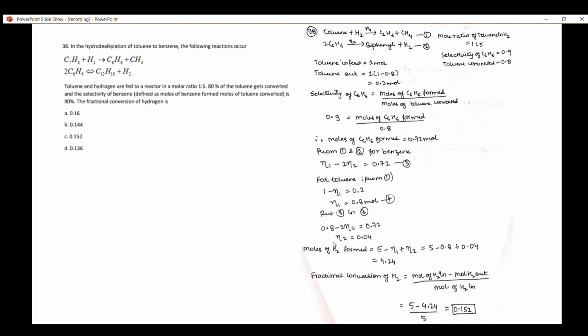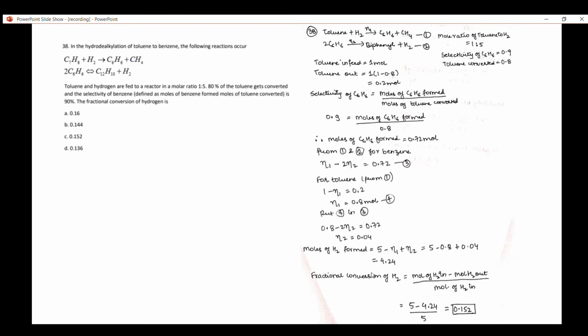So moles of hydrogen formed would be whatever the moles of hydrogen at the inlet minus the moles of hydrogen used in the reaction, or hydrogen formed in the reaction. So it is 5 minus 0.8 plus 0.04, which is 4.24 moles of hydrogen formed in the reaction.